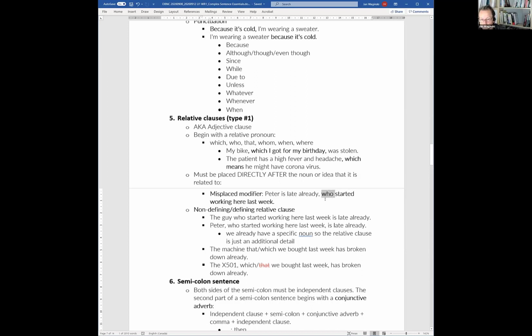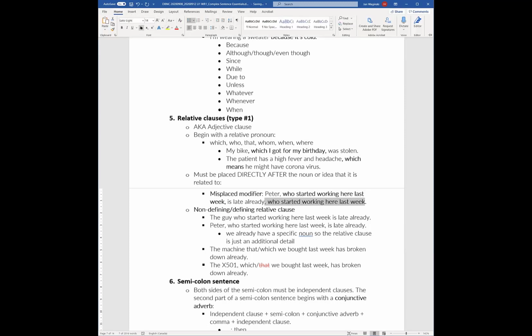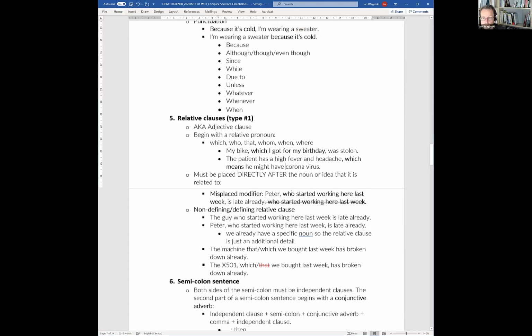Peter. So this must go here, not here. Peter, who started working here last week, is late already. Who started working here last week relates to Peter, refers to Peter. That's why it needs to go here.